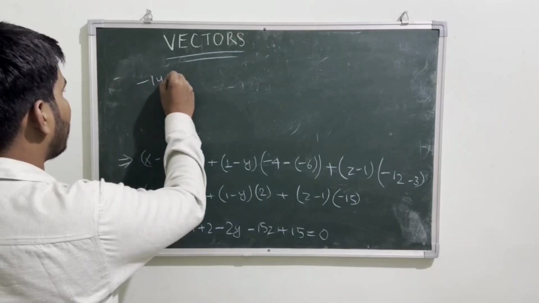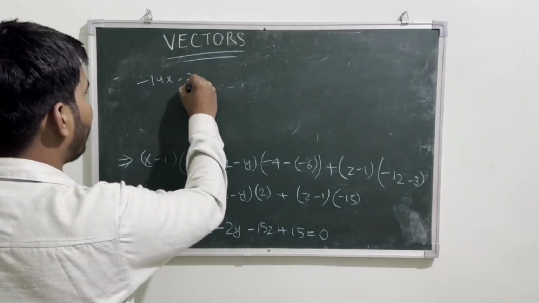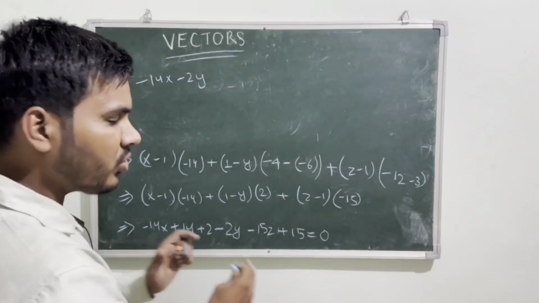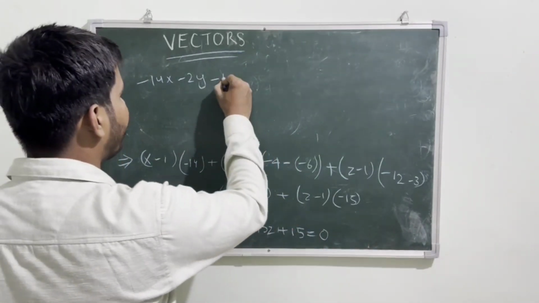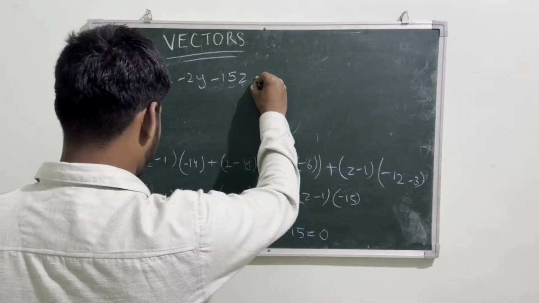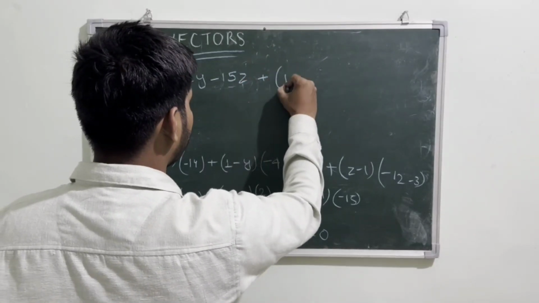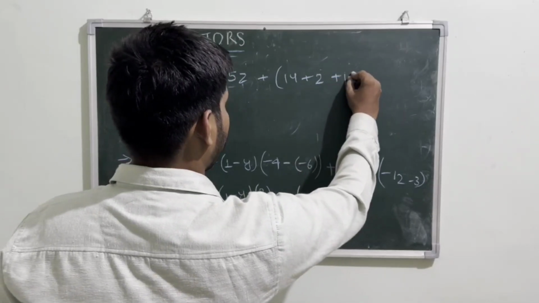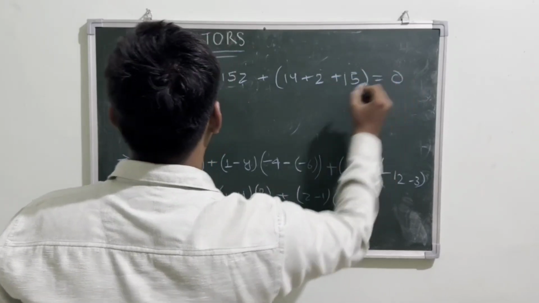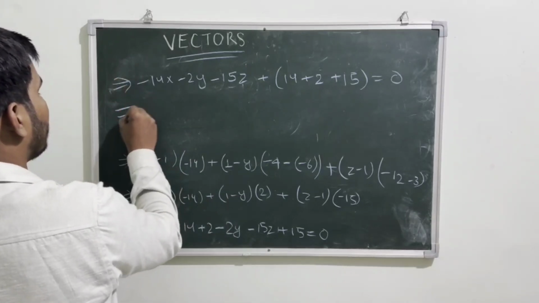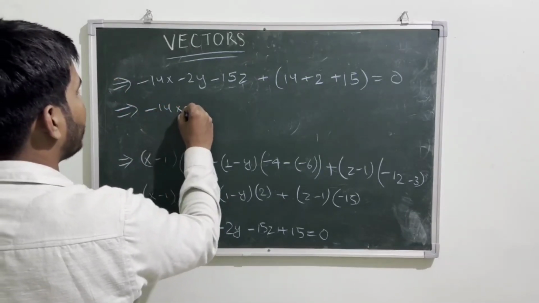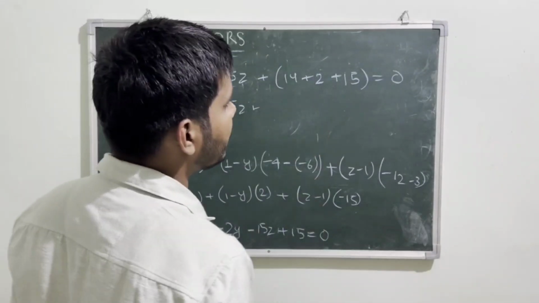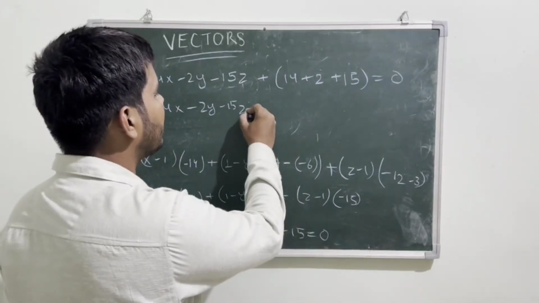Let's join the coefficients on one side and the constants on the other side: -14x - 2y - 15z + 14 + 2 + 15 = 0. Now -14x - 2y - 15z + 14 + 15, it will be 29, plus 2, it will be 31.